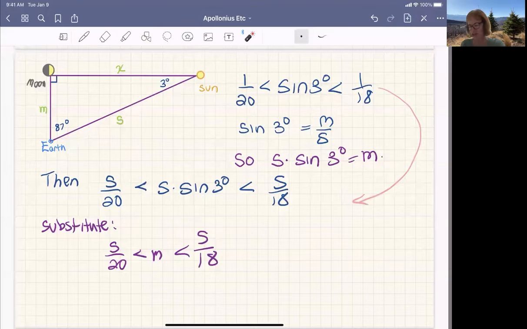again, he's using ratios. We're using a more modern notation to look at them. But in effect, here's what he's saying. That the sine of 3 degrees is between 1/20 and 1/18. Now, the sine of 3 degrees is m/s.